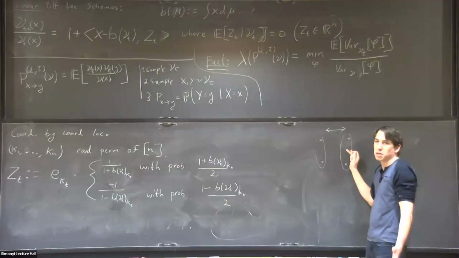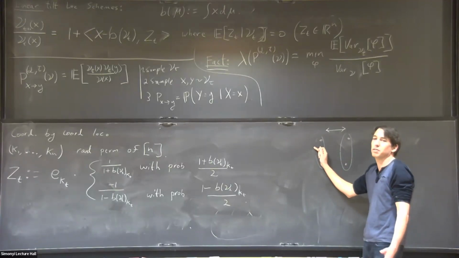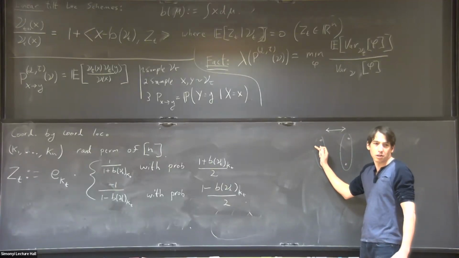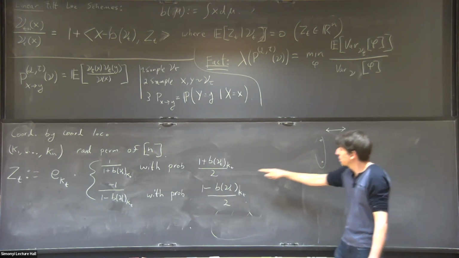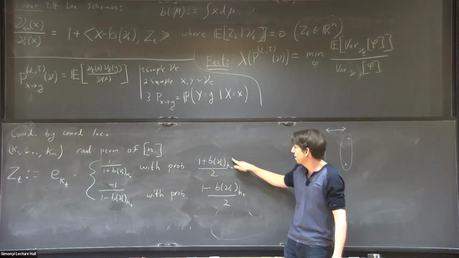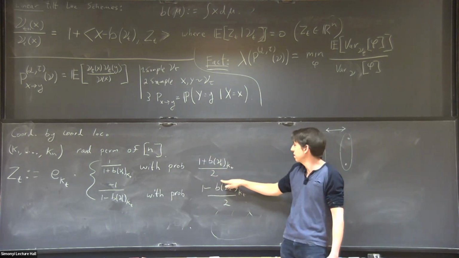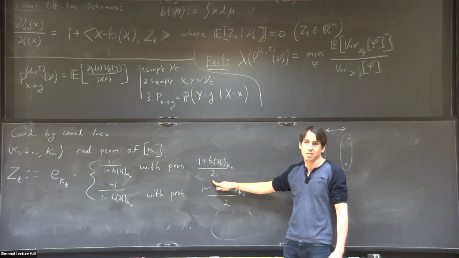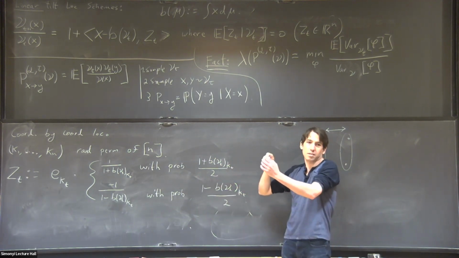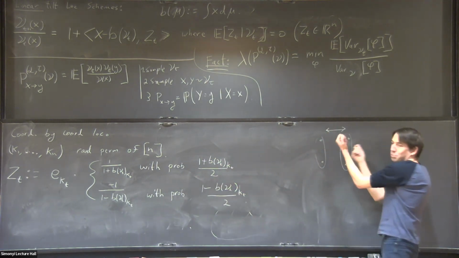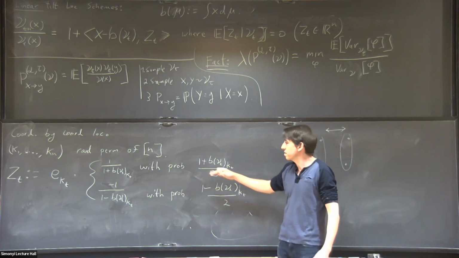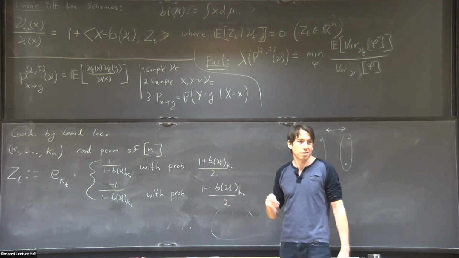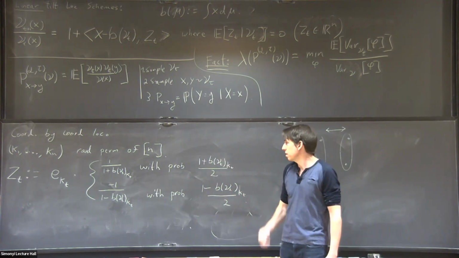If I want it to be a martingale, the probability to be here should be proportional to the mass here. The center of mass is just a linear combination of the masses. So you can just check that what this does is exactly this pinning, okay?